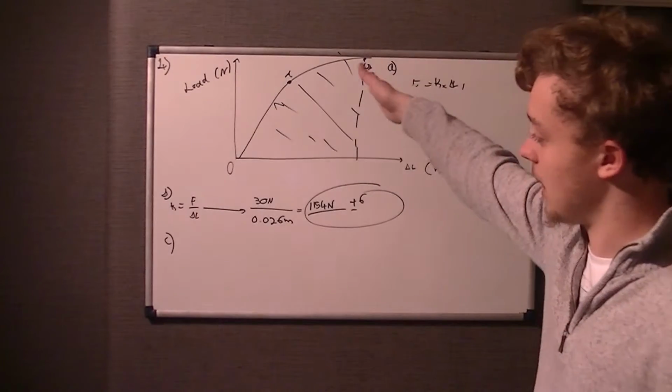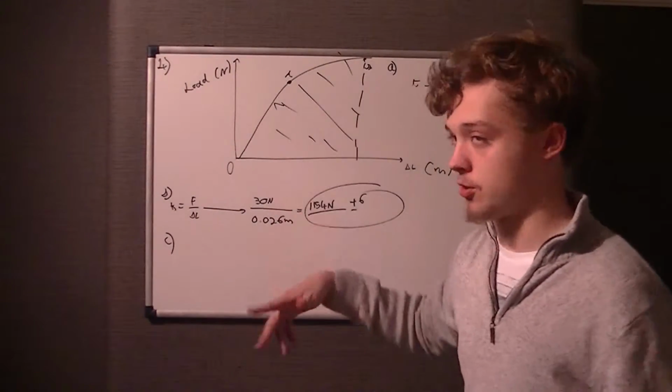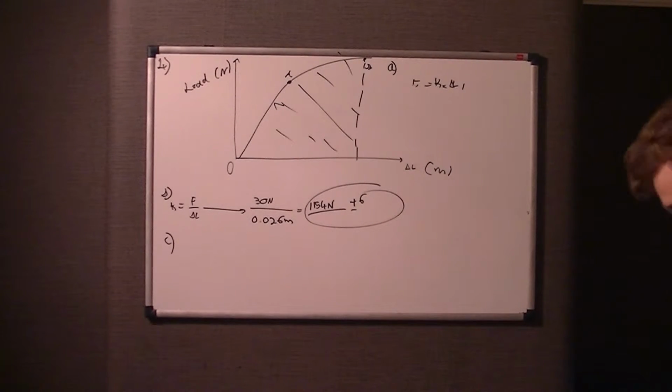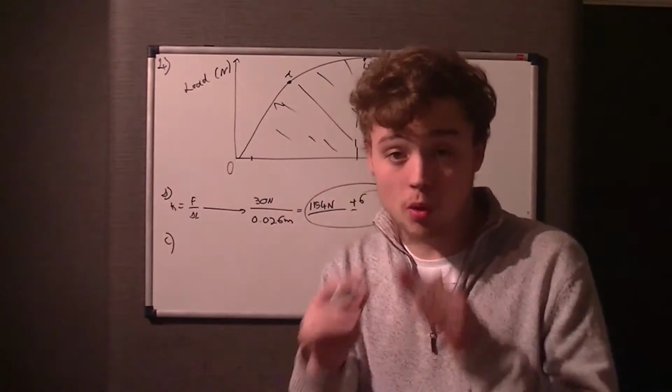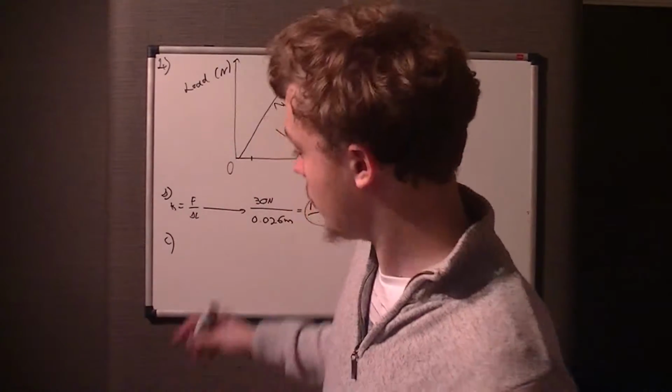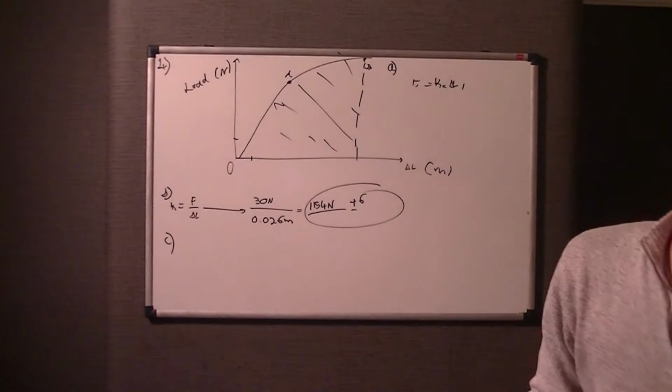So you just work out how much one square is worth, whether one big square or one little square, whichever you're doing. I pick one big square: take the width of the big square and the height of the big square and times them together to get the value of one square.